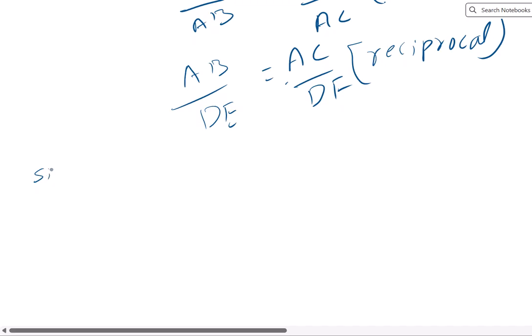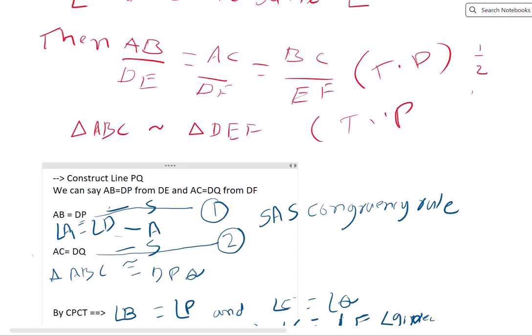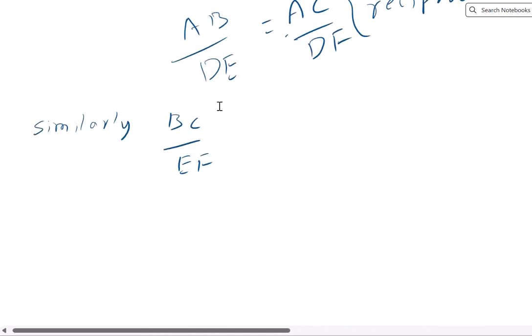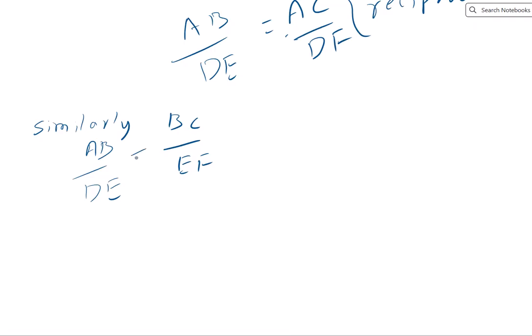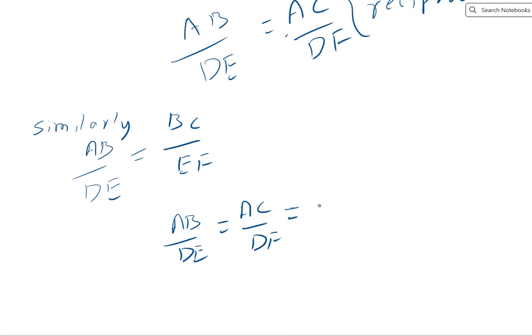So AB by DE is equal to AC by DF, and then BC by EF.